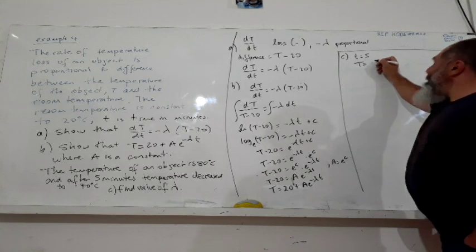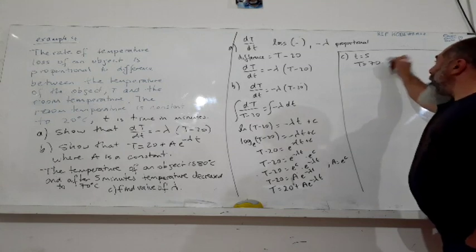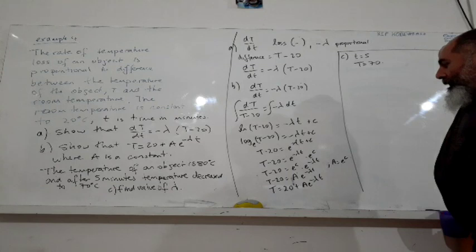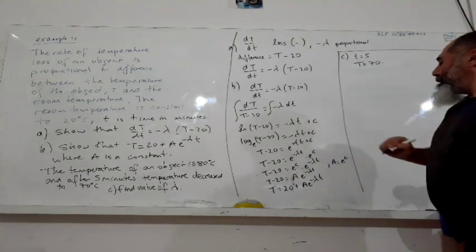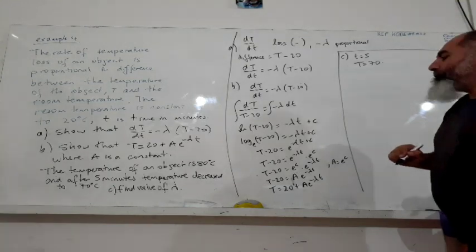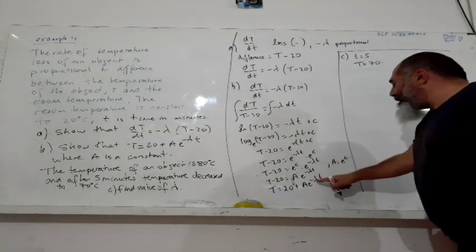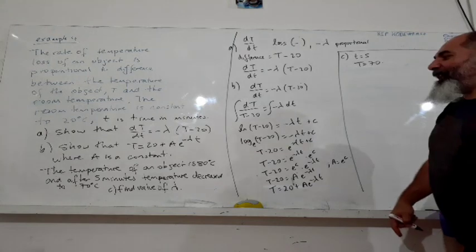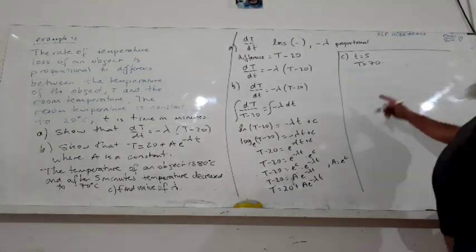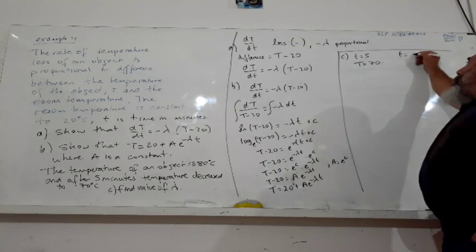Find the value for lambda. But before that, we have to find the value for A. And we know that when t is equal to 0, temperature is what? 80.